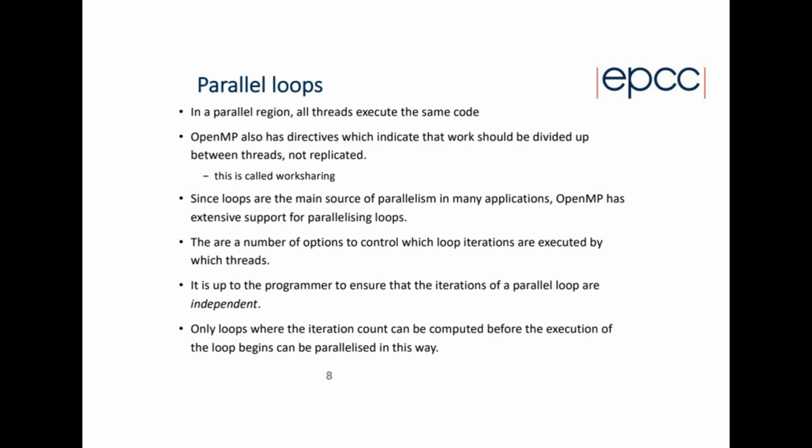And because loops are the main source of parallelism in many applications, as talked about before, OpenMP has a lot of support for parallelizing loops. As we'll see tomorrow, there are a number of options which allow us to control which loop iterations are executed by which threads, and other features that help us deal with parallel loops a lot.